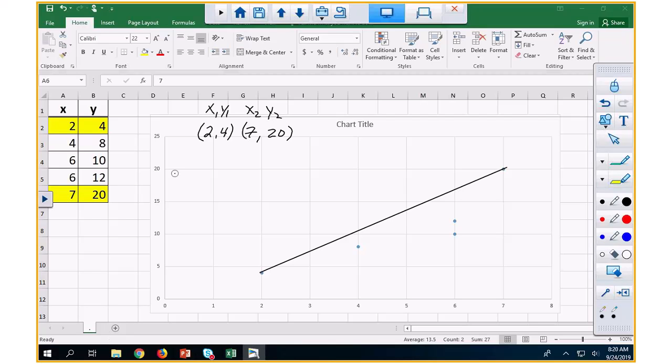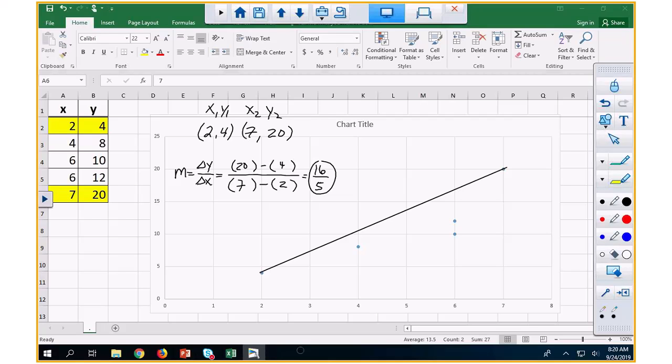So slope is equal to delta y over delta x, which is equal to y sub 2 minus y sub 1 over x sub 2 minus x sub 1. So 20 minus 4 over 7 minus 2. What's 20 minus 4? 16 over 5, which really sucks, but you can't do anything about it.